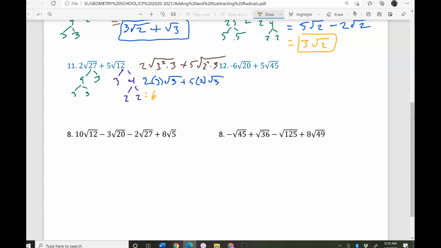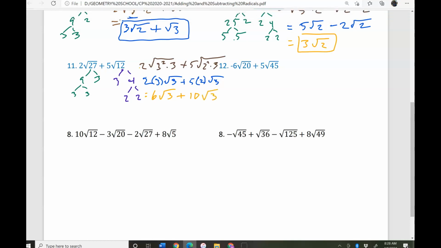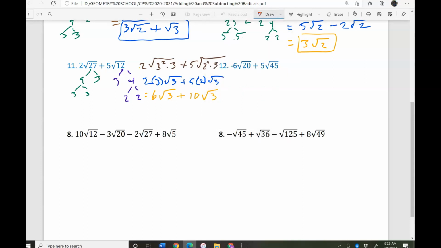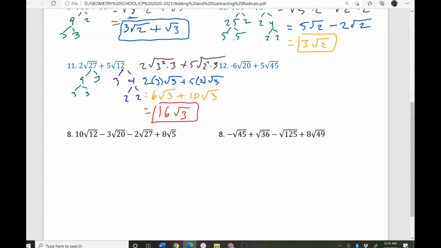So that becomes 6 square root of 3 plus 10 square root of 3. And then again, I can combine like terms. So that gives me 16 square root of 3.